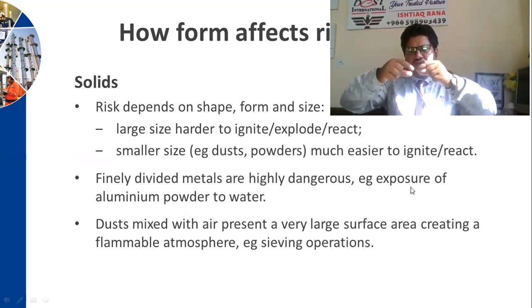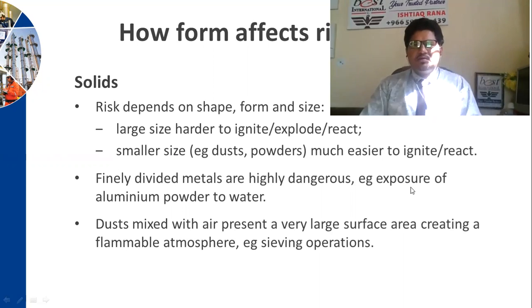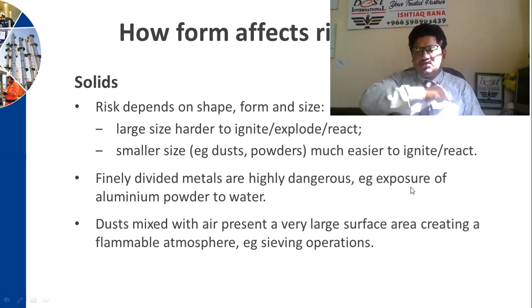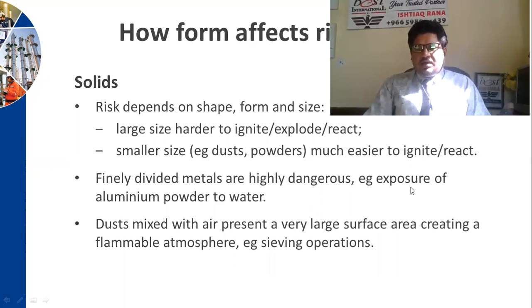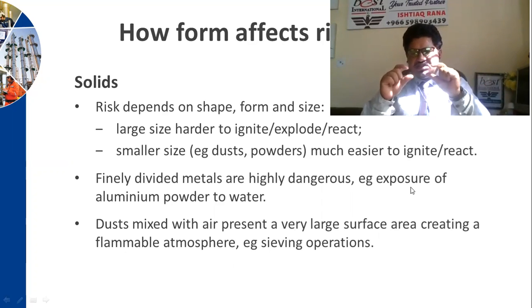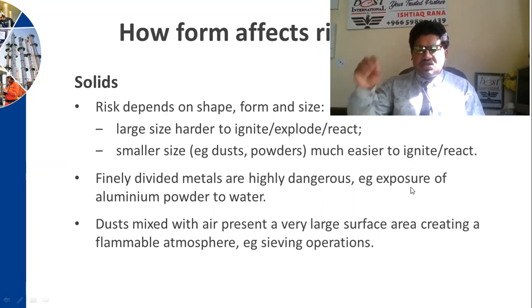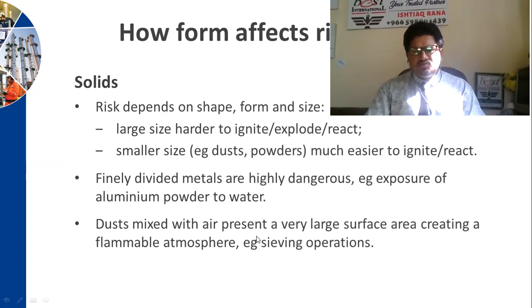It will create a layer on the pipe, and with some dust accumulation, it becomes combustible dust, which can explode. In one incident, a maintenance technician dropped a key, and because the pyrophoric iron sulfide layer was there on the pipe along with combustible dust, the key created an ignition source, and it was all over. So dust may be present in large amounts. We really need to remember this.